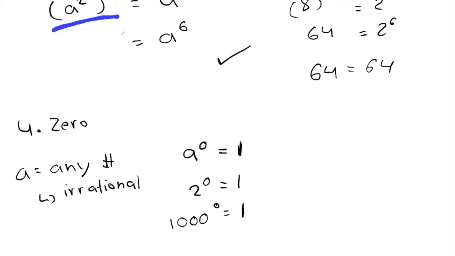How many times? So in a to the power of 0's case, you're basically asking how many times are you multiplying a times a together? How many times are you doing that? Well, in this case, you're doing it 0 times. Well, if you're multiplying something by something 0 times, you're basically getting an answer of 1.